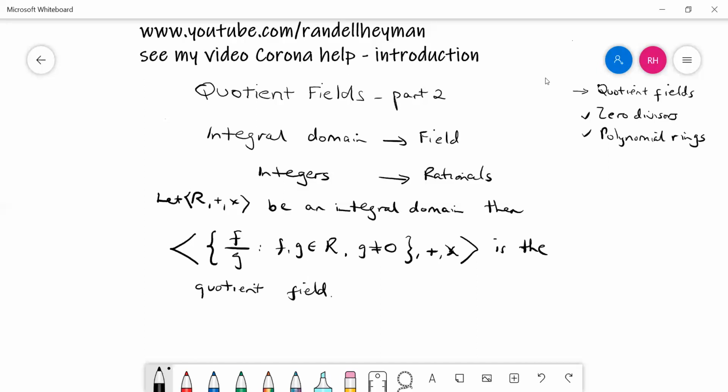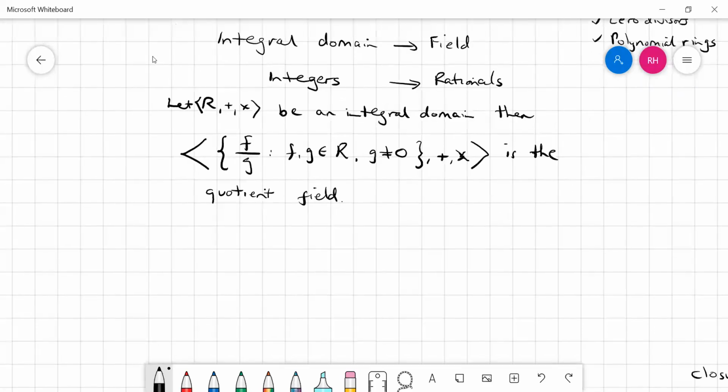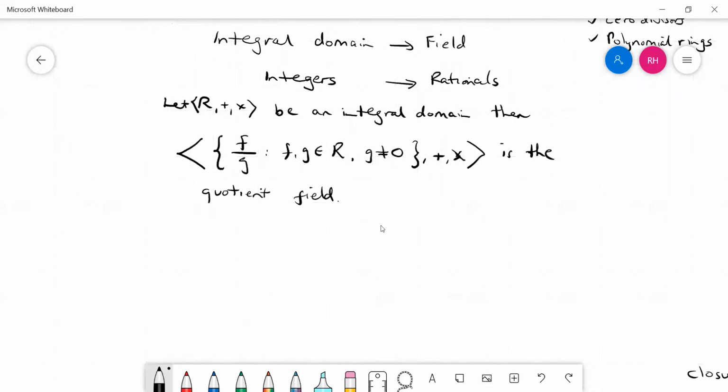Good, so that's great. Before we do some examples, I'll make a quick mention of something that you'll see if you get into this in a bit more detail. If you look at the integers and the rationals, fractions, we know that 3 on 2 is the same as 6 on 4.